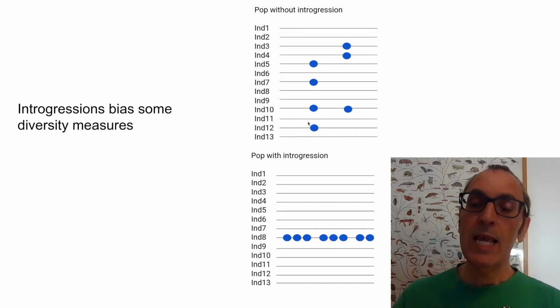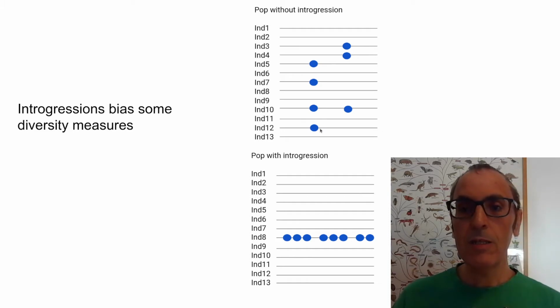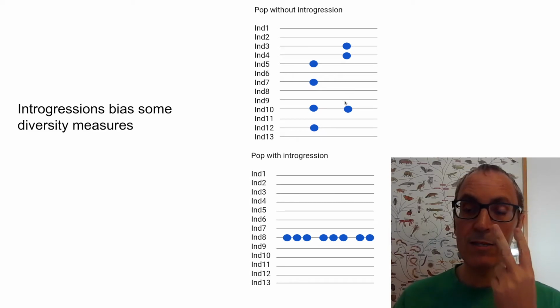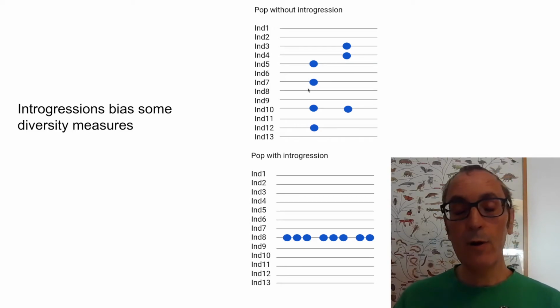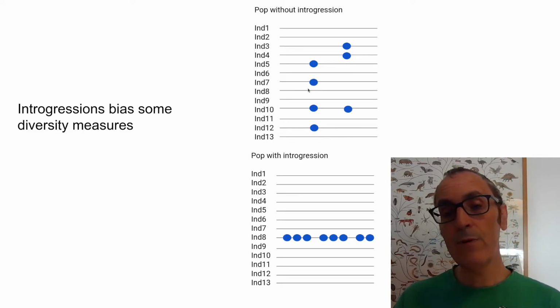In a more standard population without introgressions, in which we have more diversity, we have only 2 markers, but these 2 markers are polymorphic. In the first case, we have many variants, so if we calculate the number of variants, we will find there are many variants, but no polymorphic variants. And in this case, we will have fewer variants, but the variants are polymorphic.